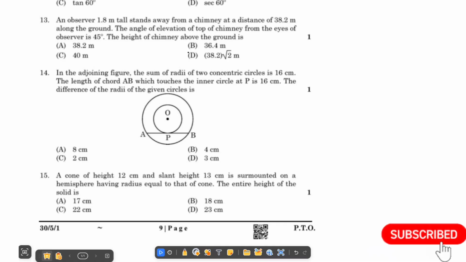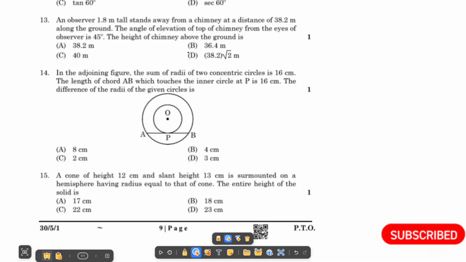Next, the 13th question is: an observer 1.8 meters tall stands away from a chimney at a distance of 38.2 meters along the ground. The angle of elevation of the top of the chimney from the eyes of the observer is 45 degrees. The height of the chimney above the ground. So here we need to find the height of the chimney.